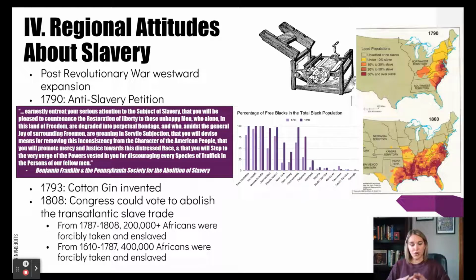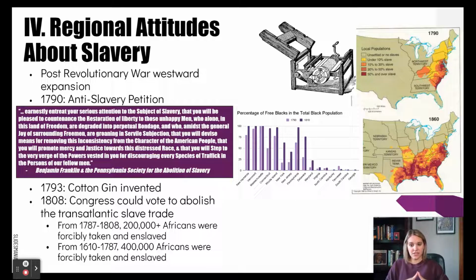Another thing that impacts the growth of slavery is going to be the cotton gin. We're going to see this become really significant in Unit 4. The cotton gin is going to speed up the cleaning of cotton, which allows for the cultivation of cotton to become significantly more profitable.